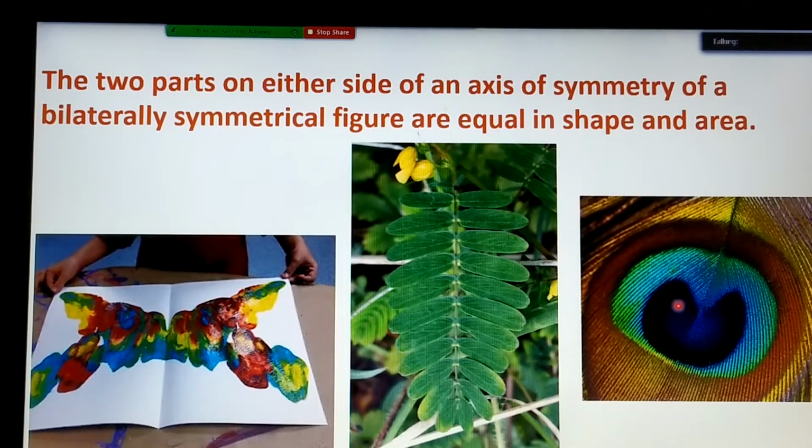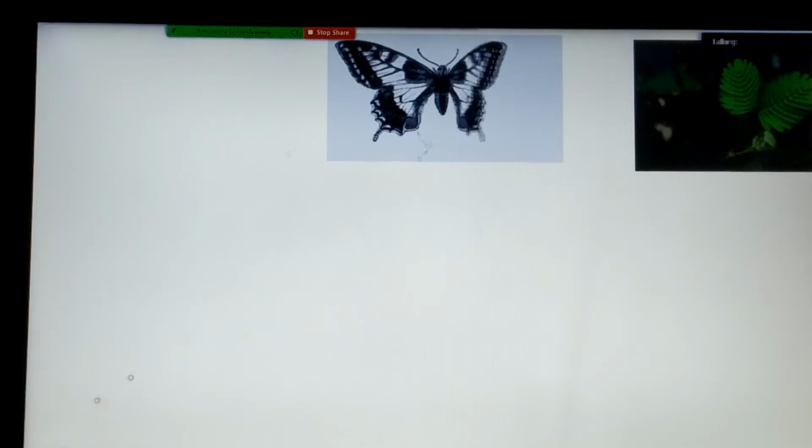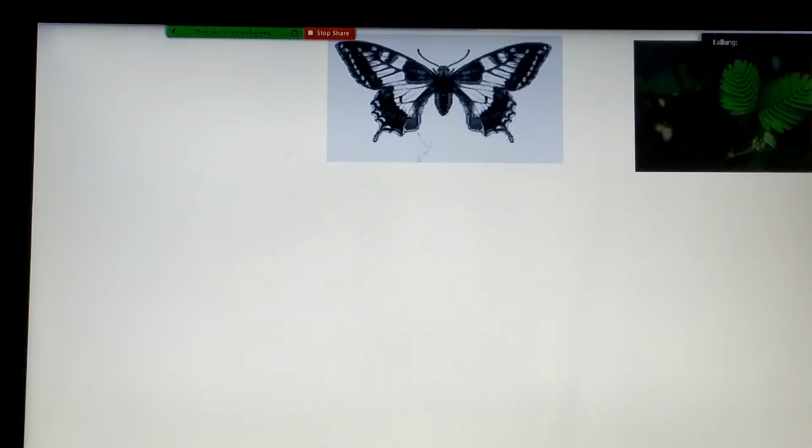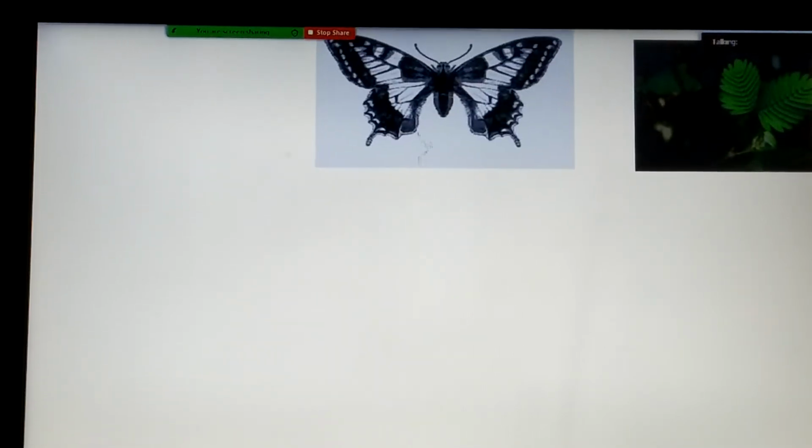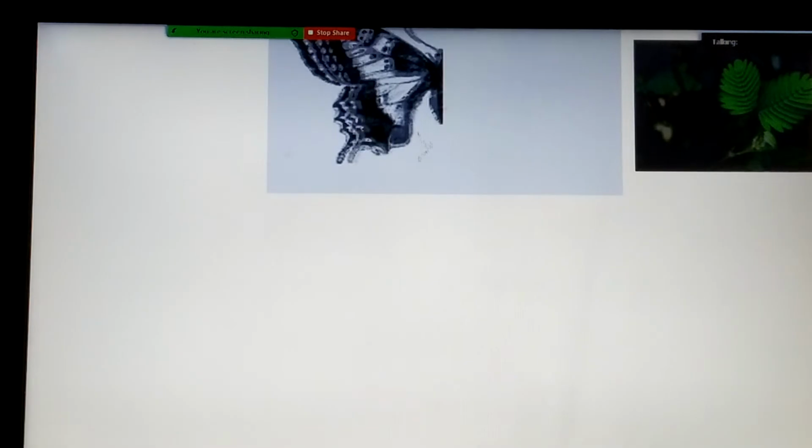Can you see? It's our nature. It's amazing. Here, butterfly. Here, it coincides. It means they have bilateral symmetry.